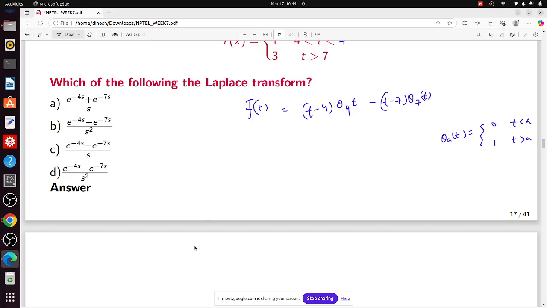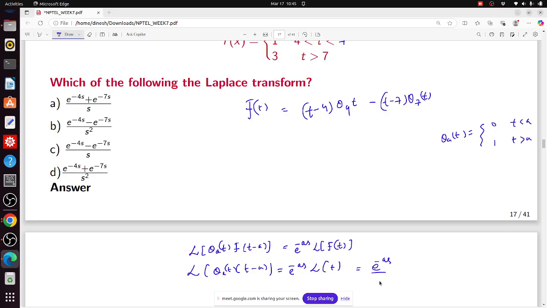If we find the Laplace transform of the step function multiplied with f(t-a), we get e^(-as) times the Laplace transform of f(t). Similarly, for θₐ(t)(t-a), we get e^(-as) times the Laplace transform of t, which is e^(-as)/s².